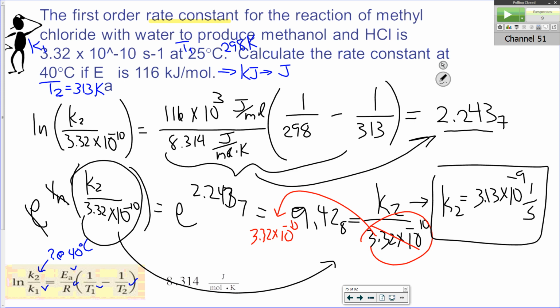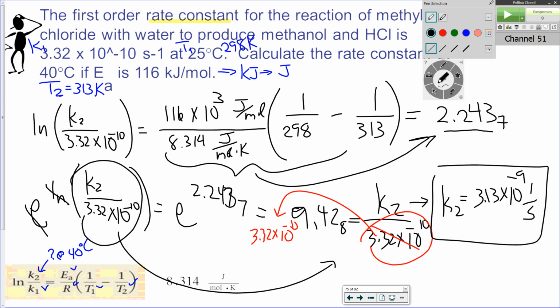Go ahead. Can you go over the math on the right side here? Because I'm getting like 0.02. For which step? The right side over here? Okay. So I took 298 inverse less 313 inverse, and I subtract those two.